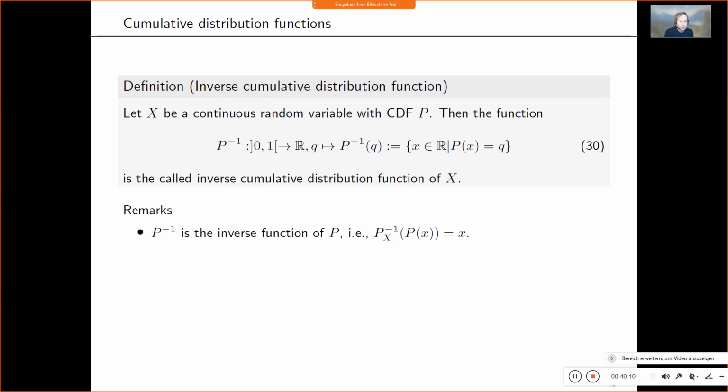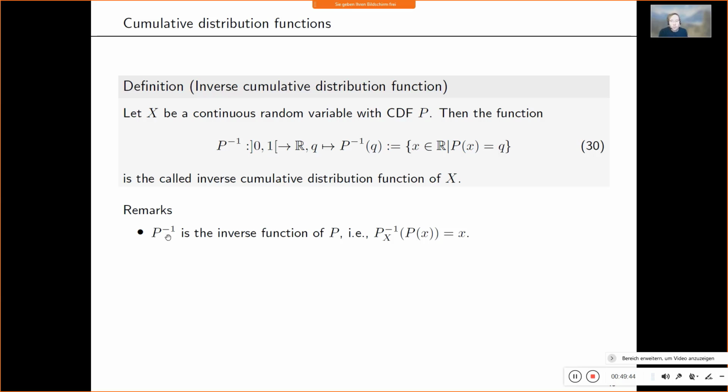Associated with each probability q, a value P^-1(q), which is that value in the real numbers, so in the outcome space of this continuous random variable, for which the CDF takes on the value q. This is called the inverse cumulative distribution function of X. If you ever did t-tests by hand, you used all of this to look up critical values, but it maybe wasn't that formalized. You only looked into a table and then you looked up critical values.